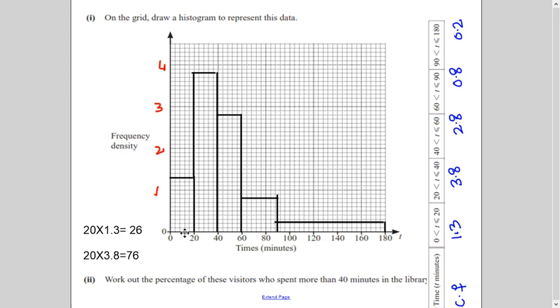Now see here, 0 to 20 is 20, and it is going up till 1.3. So 20 multiplied by 1.3 equals 26. So the frequency is 26. Here again, 20 to 40 means 20 units. So 20 multiplied by the height, which is 3.8, gives 76.